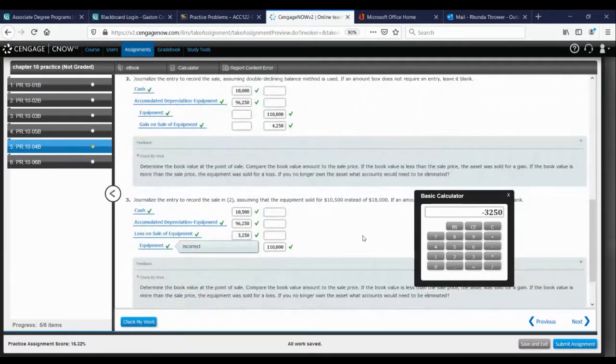Now it's showing as being correct. I know this is saying incorrect, but it's correct now. The equipment would be credited for $110,000. You must put your debits first and then indent and put your credits down in the journal.